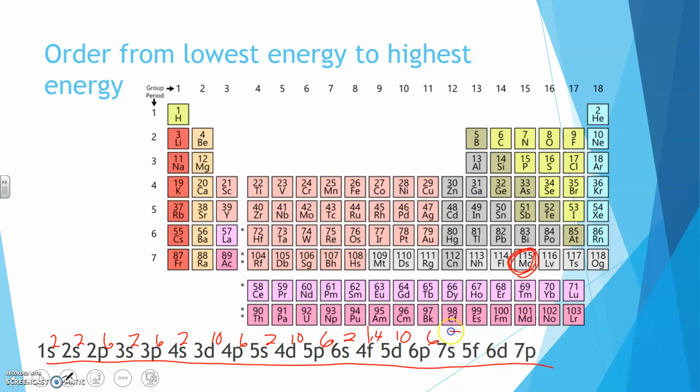And then once you get to 7p, this is your first electron in 7p, this is your second, and here is your third.